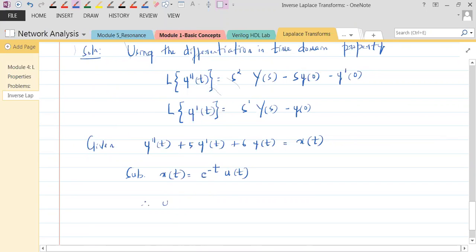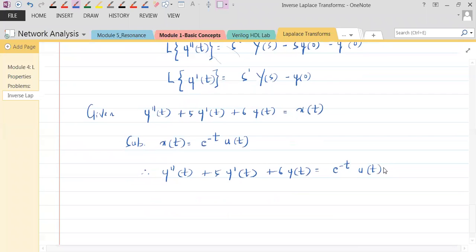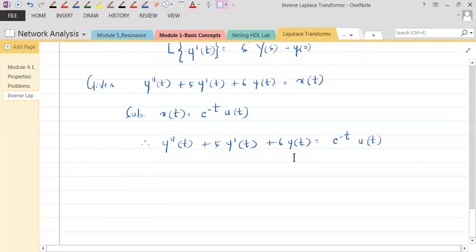So therefore, what we have is y double dash of t plus 5y dash of t plus 6y of t is equal to e power minus t u of t. Now they have asked us to solve this. Solving means obtaining y of t from this second order differential equation, solving for the unknown. Y of t is what we have to find out, and how to find out y of t is what we are learning.